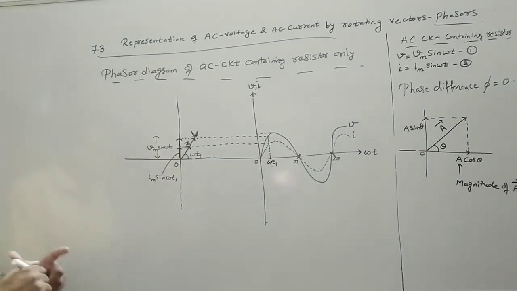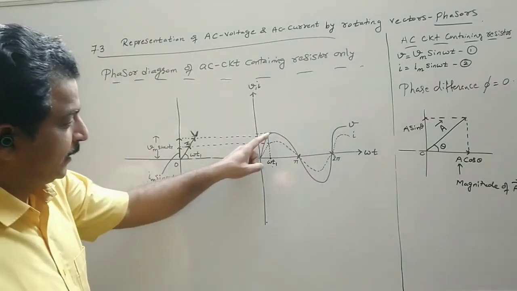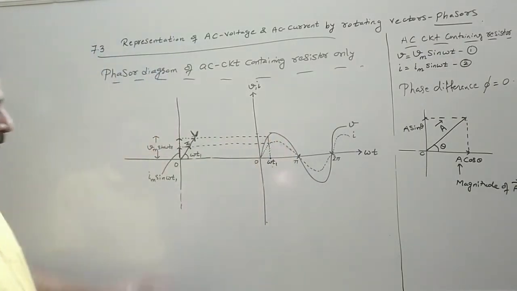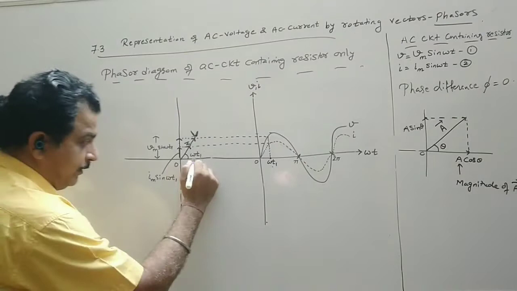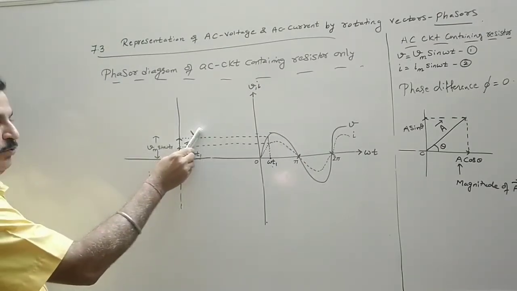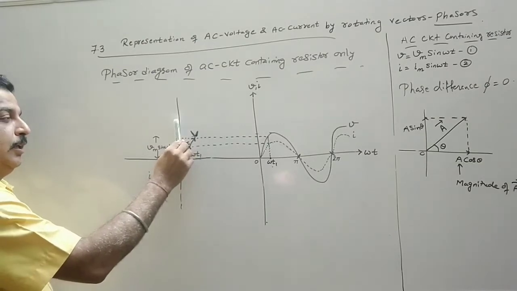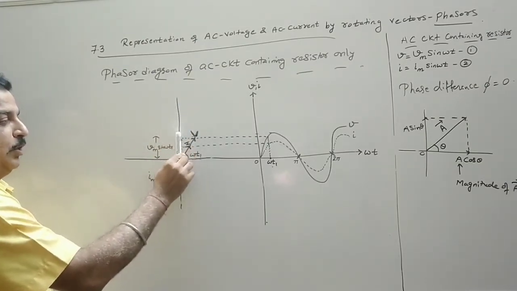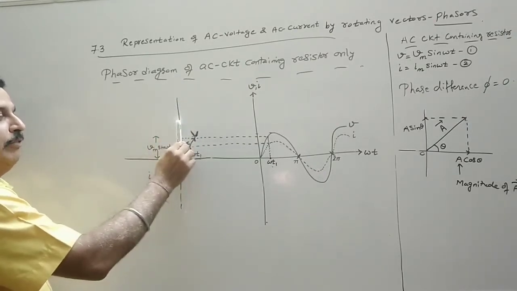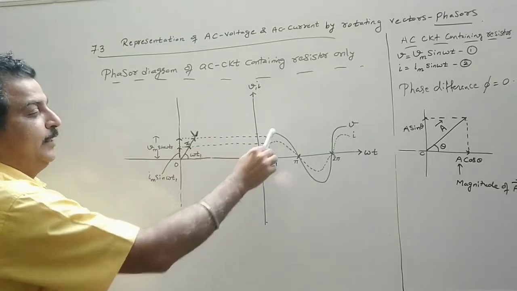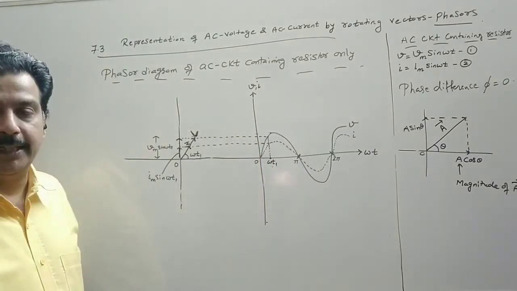Now see this. Suppose I take this point. This point is 90 degree. This is at any instant t1. As it rotates, suppose this phasor V and I become parallel to the y-axis. Then at that time, if I drop this perpendicular line, the angle will be 90 degree.